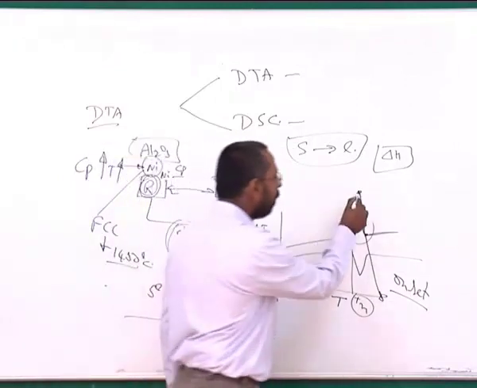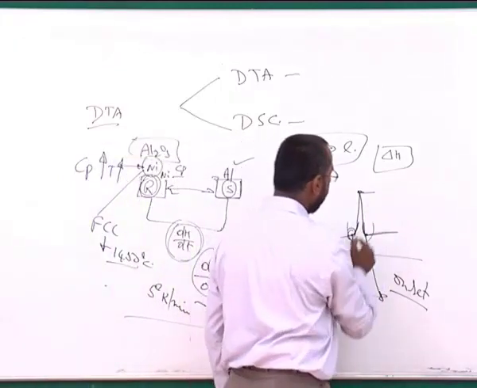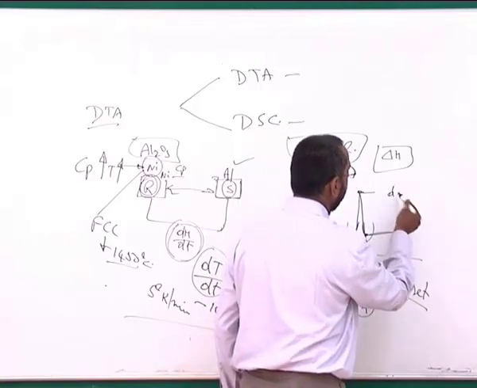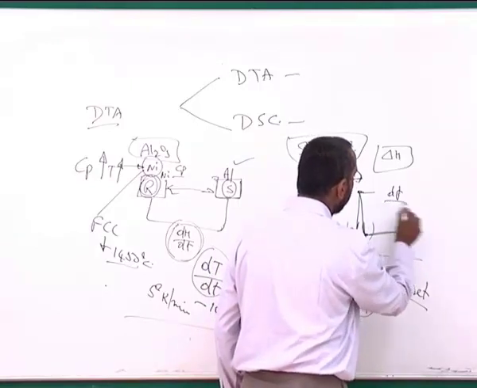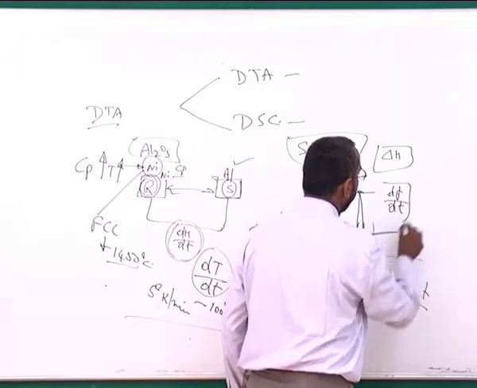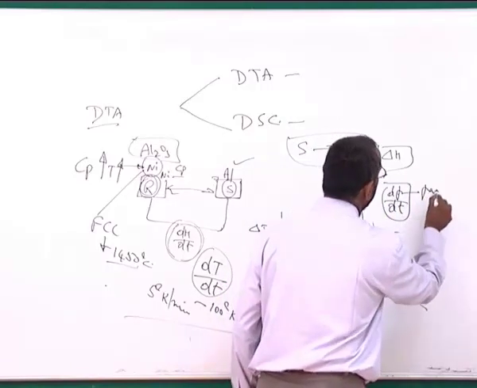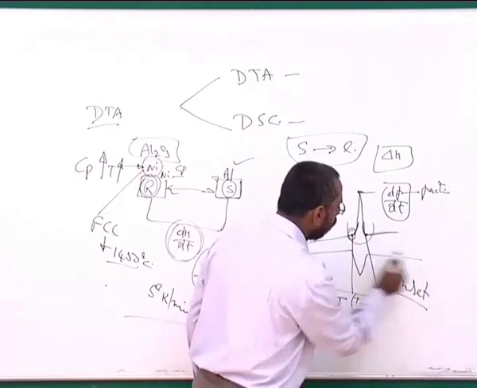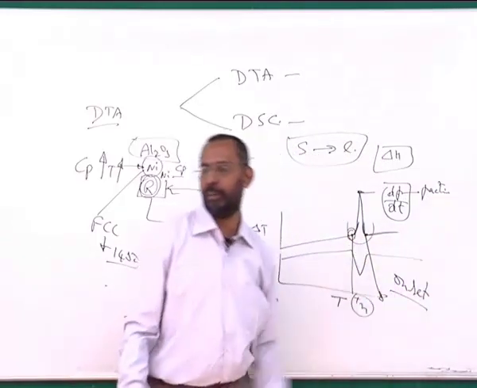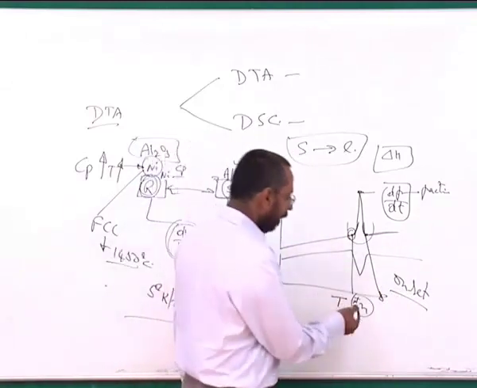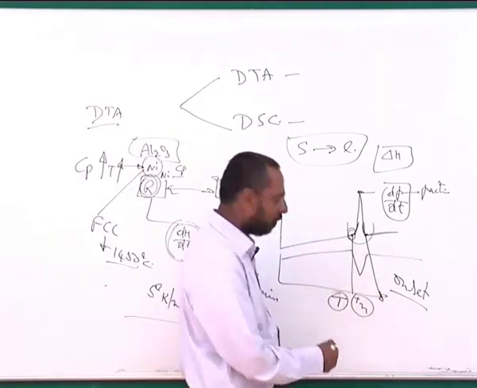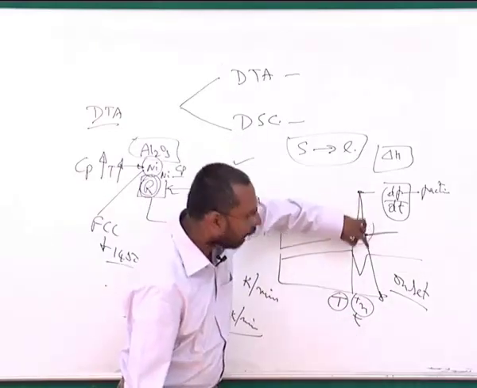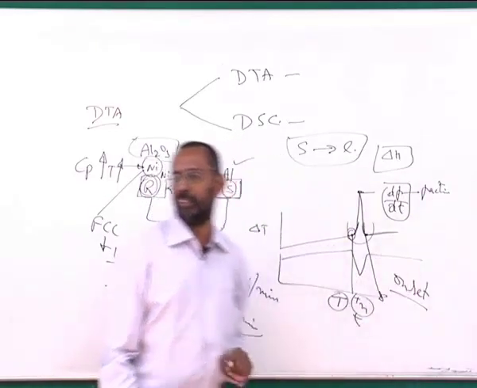So the peak always indicates where the rate of the transformation, df by dt, let us say, where f is the fraction transformed, is maximum, because from the onset to the offset the whole material is undergoing the transformation. And here, though we are talking of temperature, in principle this can be talked of in terms of time also. It is during that time interval that the transformation is taking place.